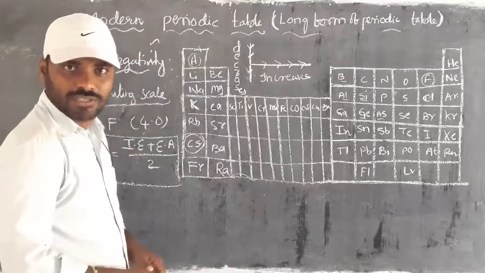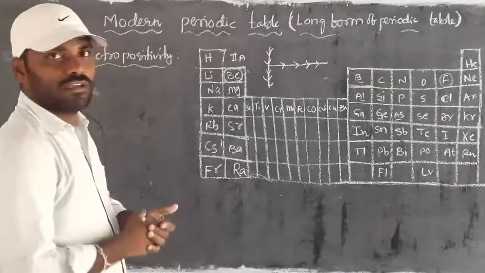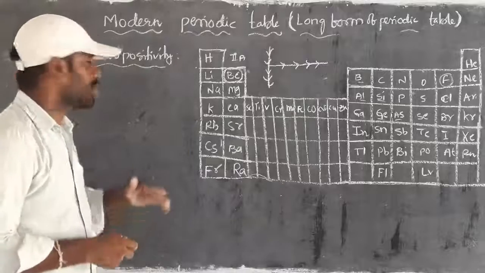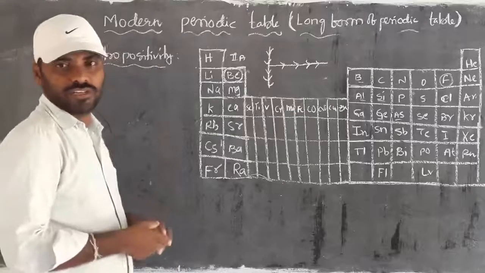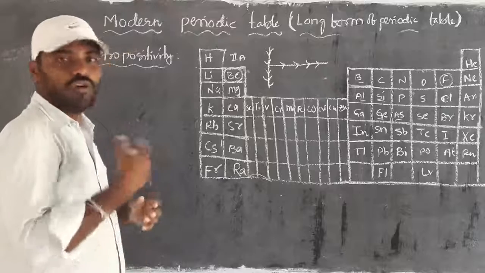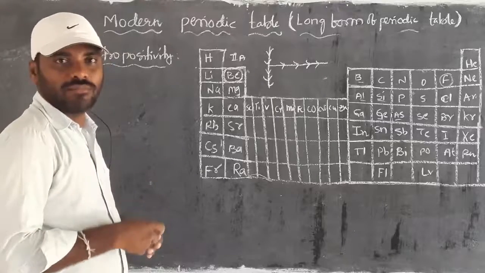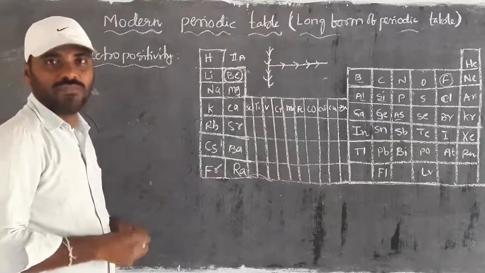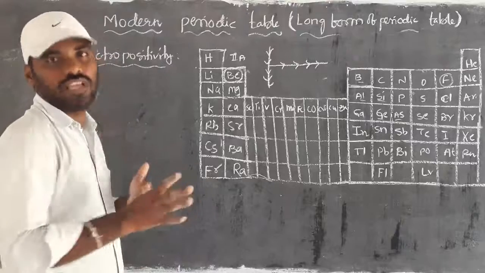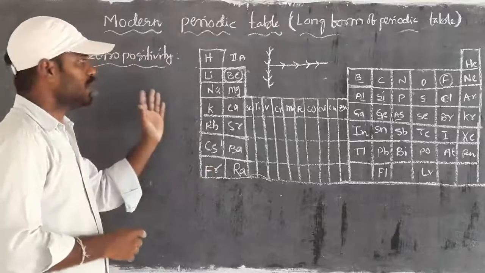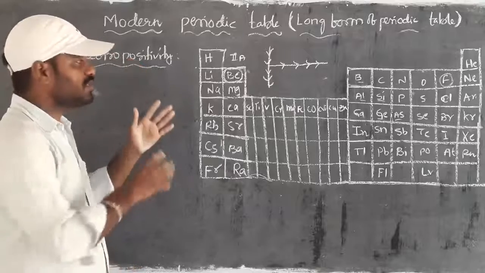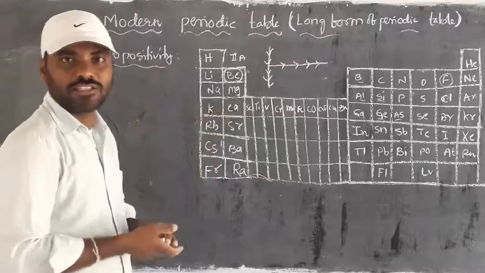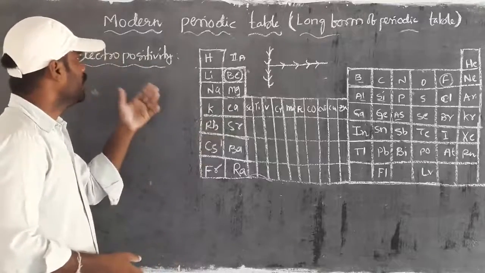The last property in periodic properties is electropositivity. The definition: the ability of an atom to lose electrons is called electropositivity. Now, how does it change in periods and groups?